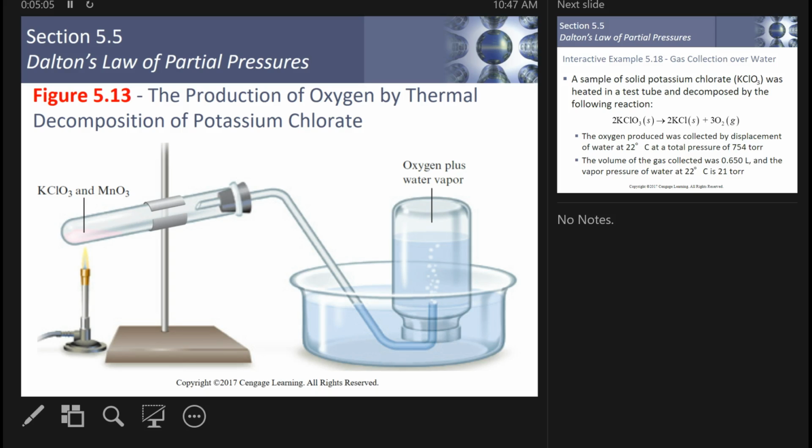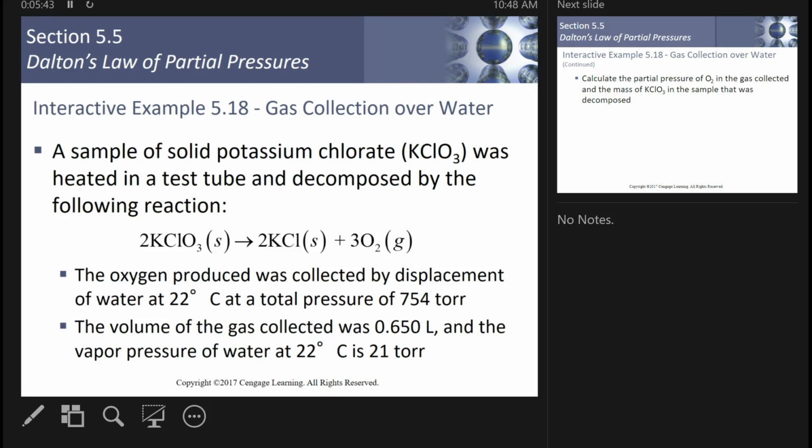When you decompose potassium chlorate, the only gas that is produced is oxygen, and you collect it over water. So you're collecting this gas in the presence of water, and there's water vapor pressure that interferes with the pressure of this system. So for that reason, when dealing with gases collected over water, we have to deal with the water vapor pressure. I'll show you a problem so you understand how that works. You have to subtract it. Yeah, basically, you have to get rid of the water vapor pressure from the actual pressure.